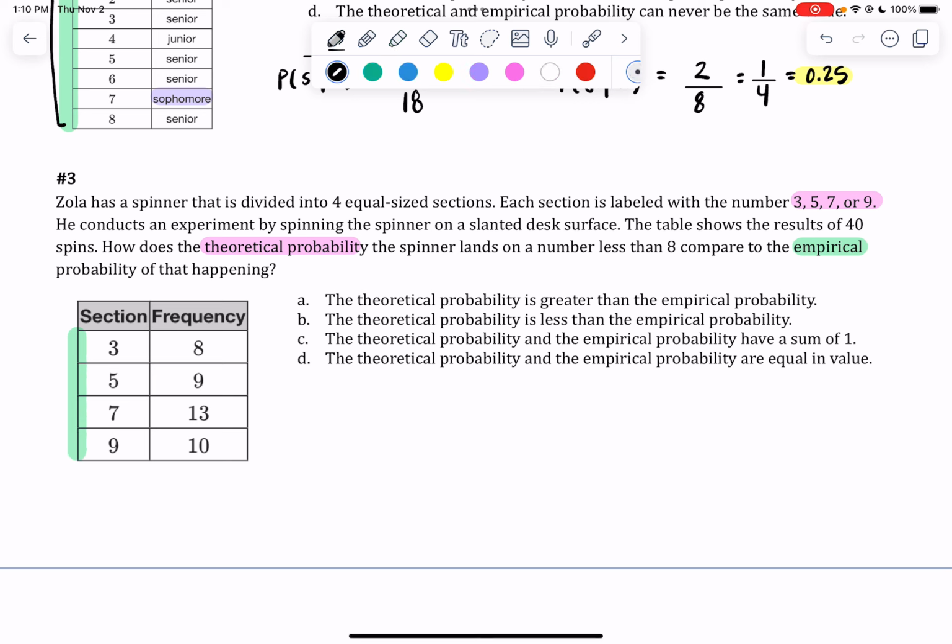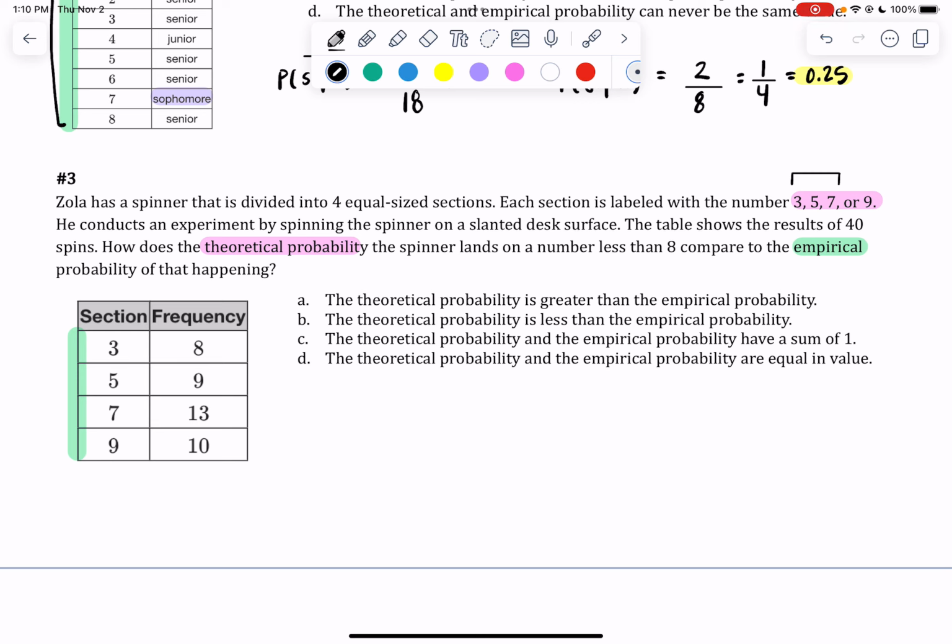So if you can tell the odds without a picture, which I'll talk about how in a sec, that's totally fine. But if you imagine a spinner, it has 4 equal parts. And in this case, we're trying to find the probability that the spinner lands on a number less than 8. So of our 4 numbers on this spinner, 3 of them would be less than 8.